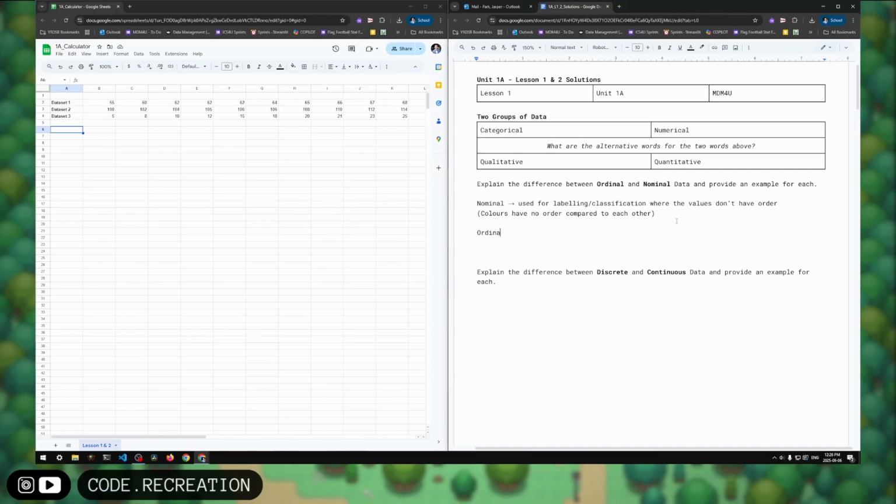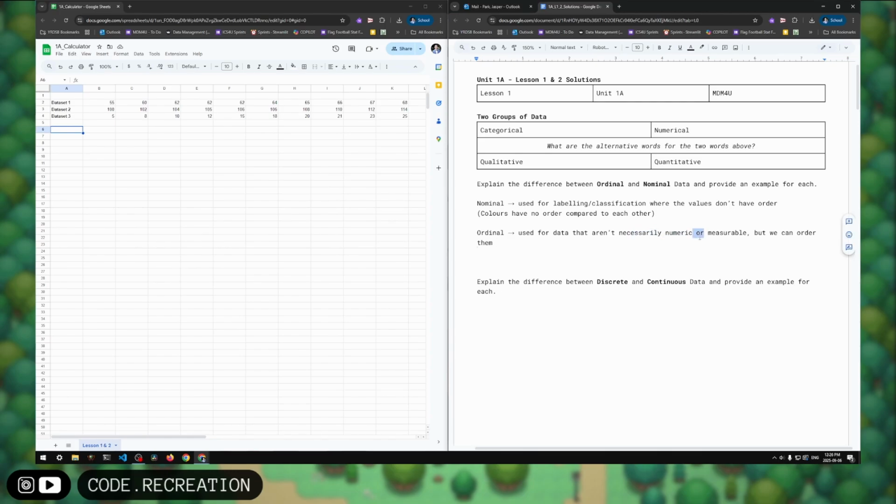And then we have ordinal, which is used for data that aren't necessarily numeric or measurable, but we can order them.